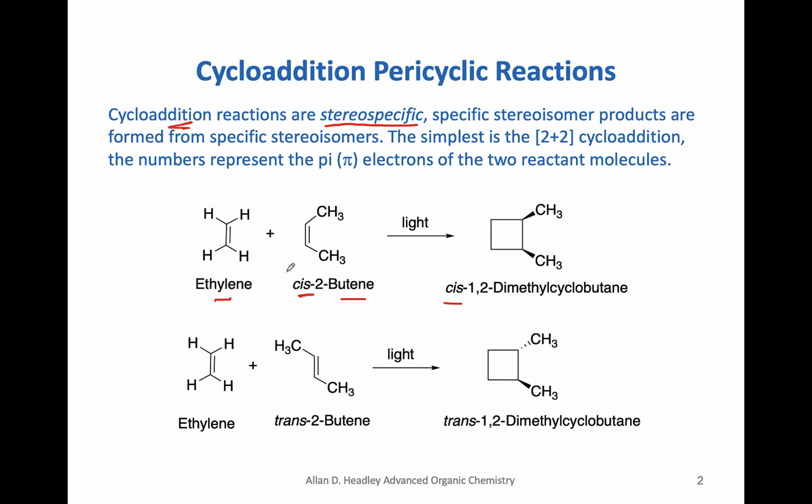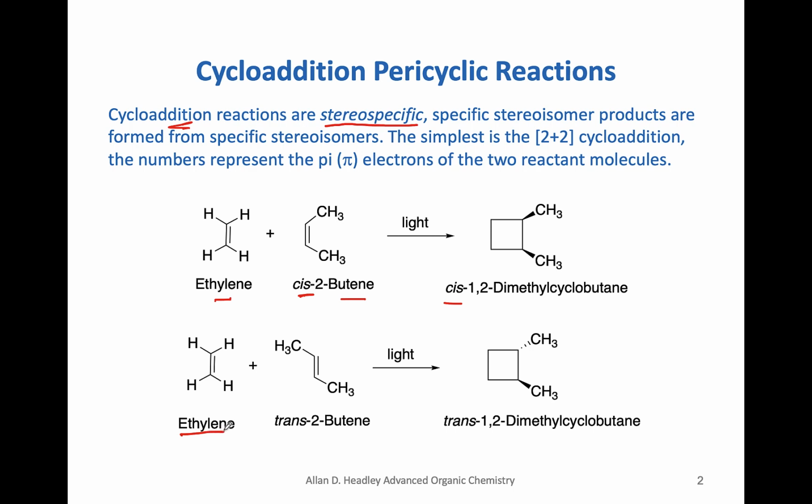So notice again, it's an addition. We're essentially adding these two molecules together to form a ring. So that's the key here, the addition of two reactants to form a cyclic product. And notice they are stereospecific. We'll get more into that in a second.